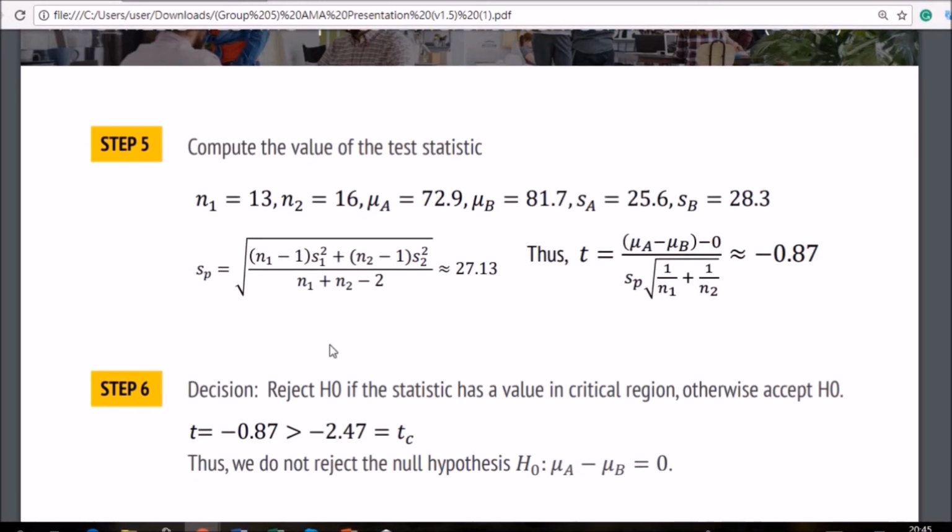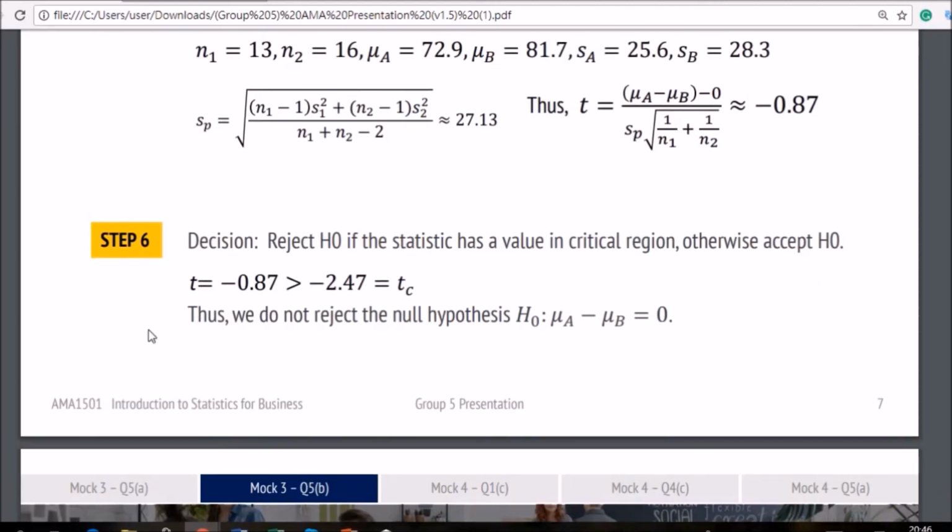And we can use the formula to calculate the t-value. We can first calculate the SP using the left-hand side formula, and we can then substitute the answer into the formula on the right-hand side, and then we can have the t-value, which is negative 0.87.